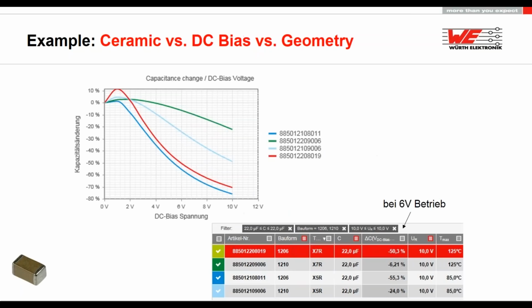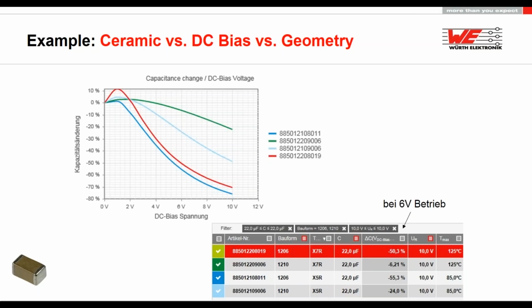A second example I wanted to look at is this one with 6 volt for 1206 and 1210 types. This was for a 6 volt applied voltage, with a rated voltage of 10 volt.